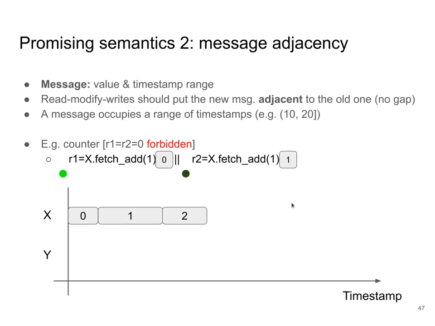So in this example, we can see that it is not possible for R1 and R2 to both be 0 at the same time because of the memory adjacency. So this basically models the exclusiveness of the message 0. Message 0 cannot be read, modified, and written by multiple instructions.